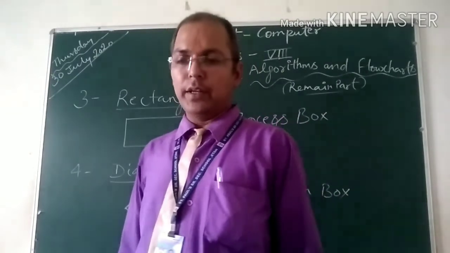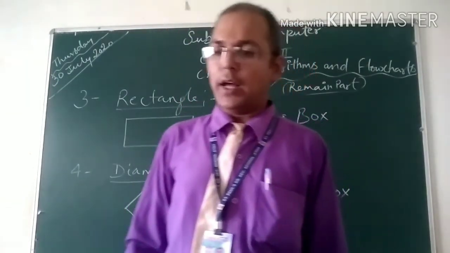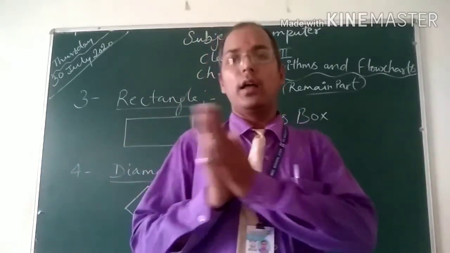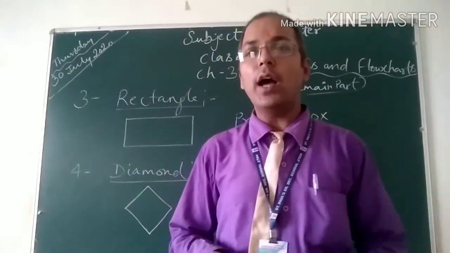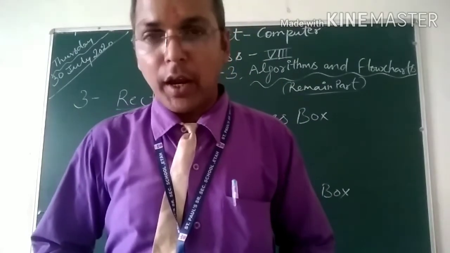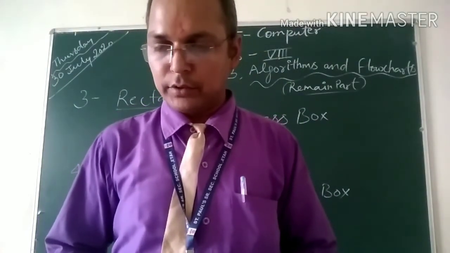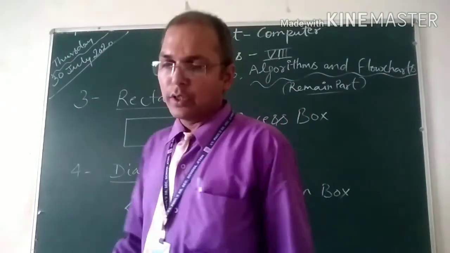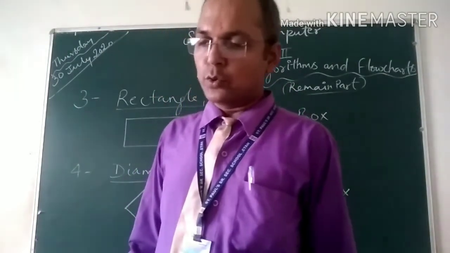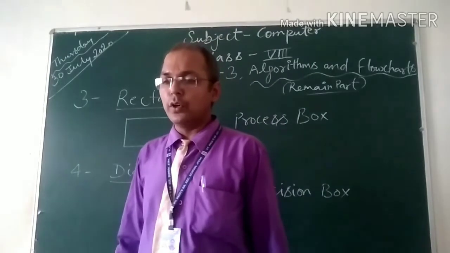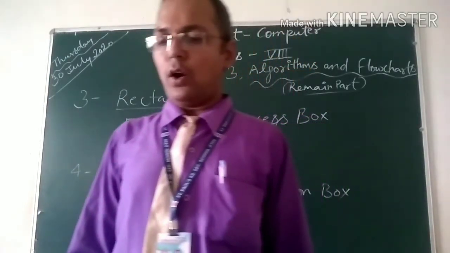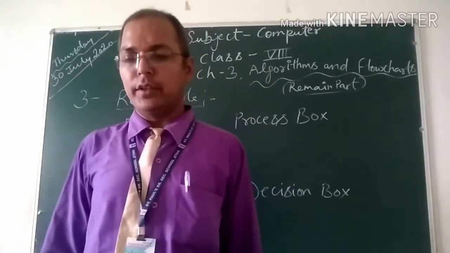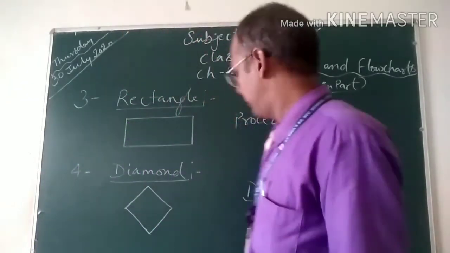The third one, the rectangle, shows the commands for calculation, how to calculate. And next is the diamond. Diamond is for decision making. It is used to make the decision, and the flow follows exactly one of the two flow lines.